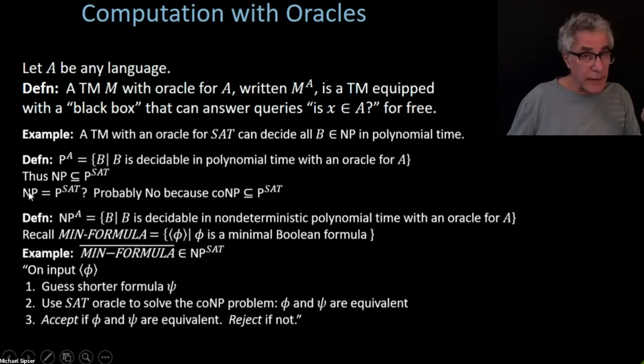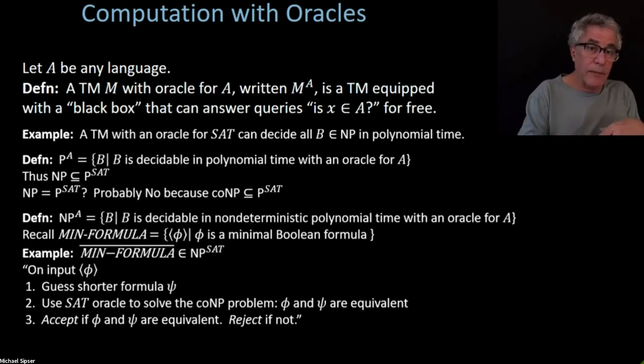So you have to make sure you understand that part. But if you have the clique problem, which is an NP problem, and I want to use the oracle to test if the graph has a clique, I reduce that problem to a SAT problem using the Cook-Levin theorem. Knowing that a clique of a certain size corresponds to a formula which is satisfiable, now I can ask the oracle.